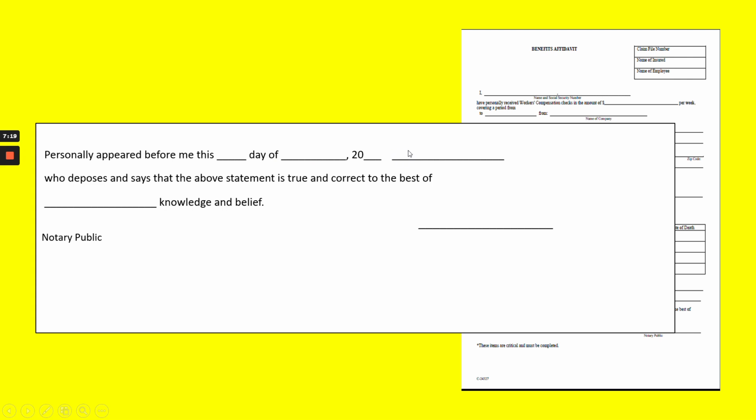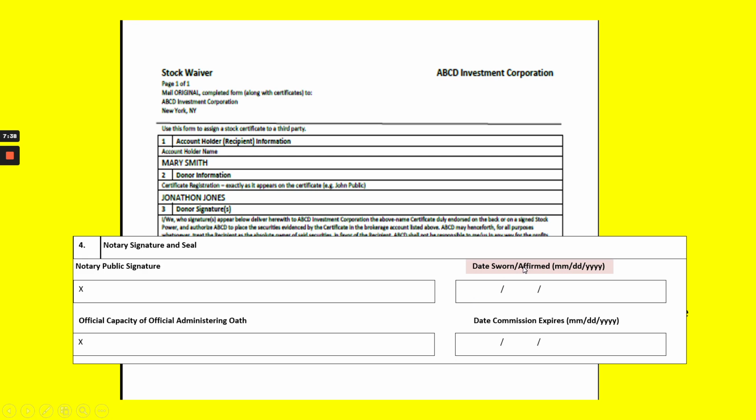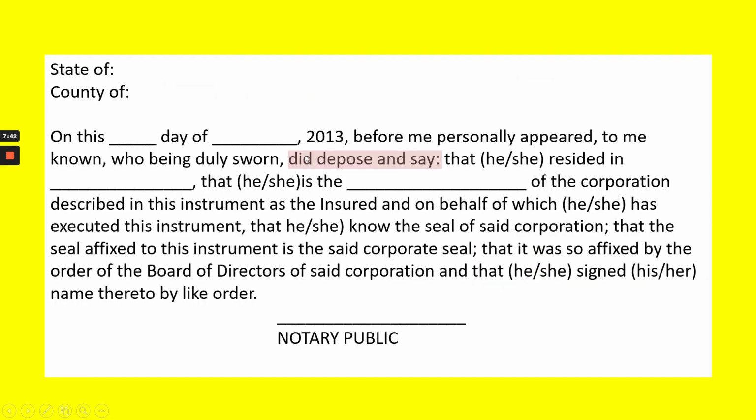I'll say my name, Jane Doe, who deposes. That's the language to let you know it's a jurat. Then you have this document where it says date sworn in the certificate portion of the document to let you know that this is a jurat. You can see it larger here, date sworn or affirmed. And then did depose. This is a jurat.